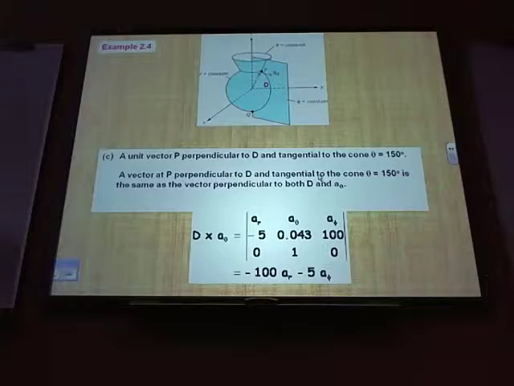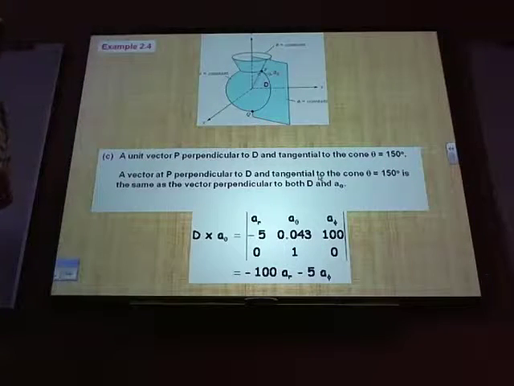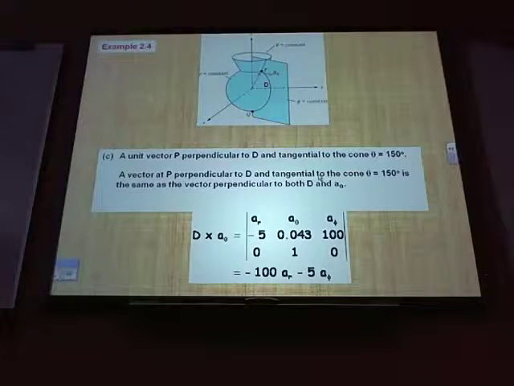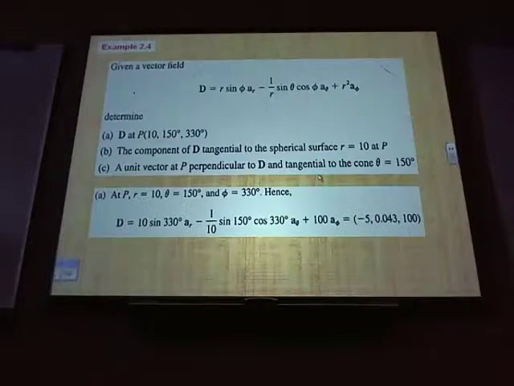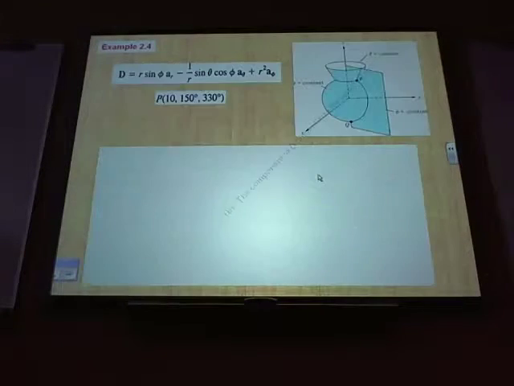It's perpendicular to D, that I understand, and tangential to the cone. All right, if it's tangential to the cone, is that what it asked for, or did I write this thing wrong? Tangential to the cone.